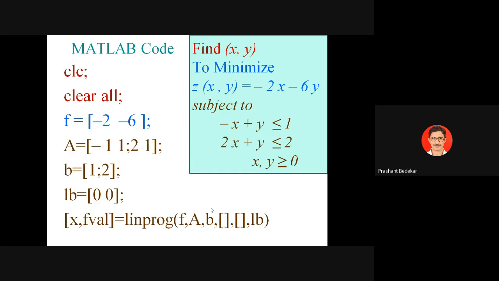Now one can think about, as upper bound is not given, so I am not using UB. Similarly, as the equality constraints are not there, why should I use bracket open close? उसको भी छोड़ देंगे. Equality constraint नहीं दिया है, उसको छोड़ देंगे. But no, syntax gives you the particular sequence.